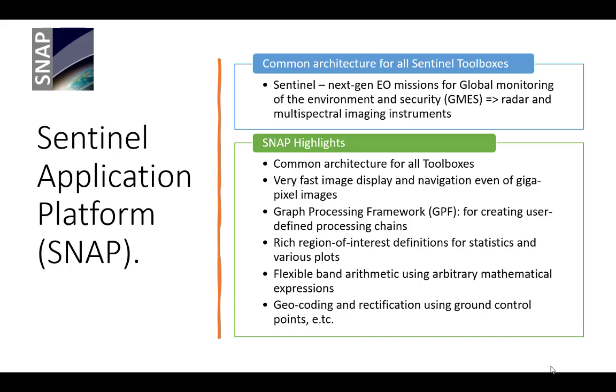So within SNAP, all these toolboxes are made available. It's a common architecture holding all these and providing a framework by which these toolboxes can be used. SNAP is very fast with image display. Even when it's trying to display gigabytes of data or imagery, it's very efficient and very fast.